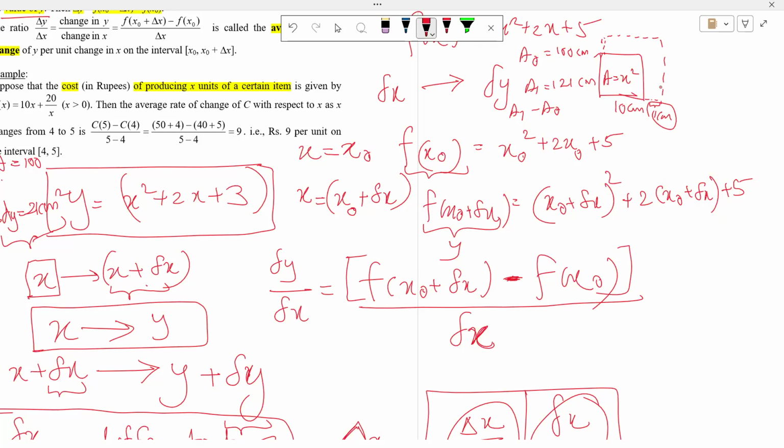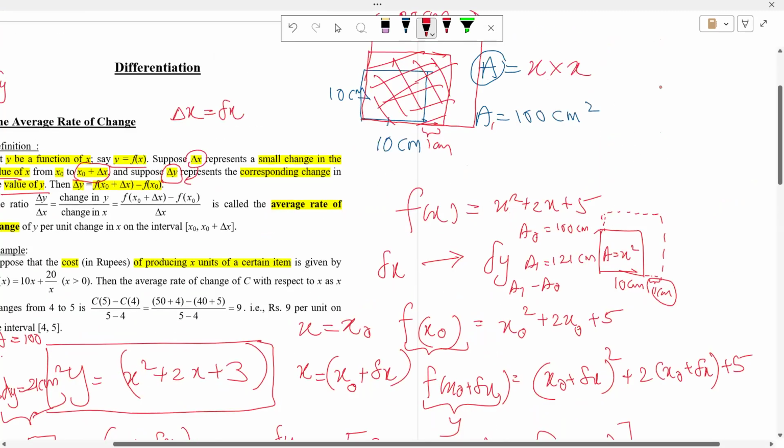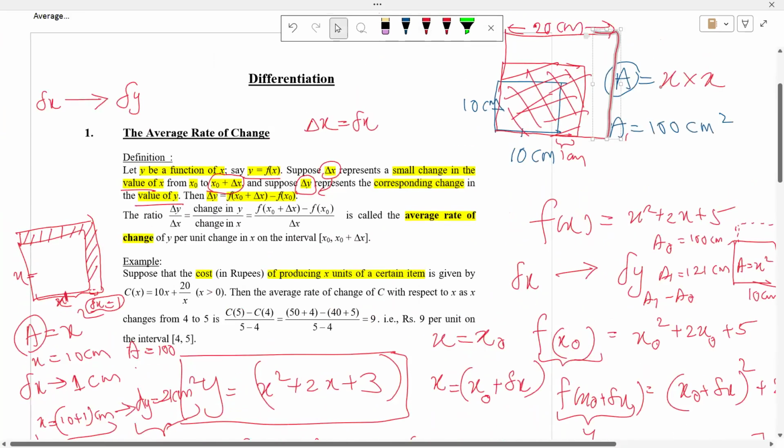If you do a small change by delta x on your variable x, the value changes on your variable y, the delta y, f of x naught plus delta x minus f of x naught. That is the way we can find the rate of change, right?